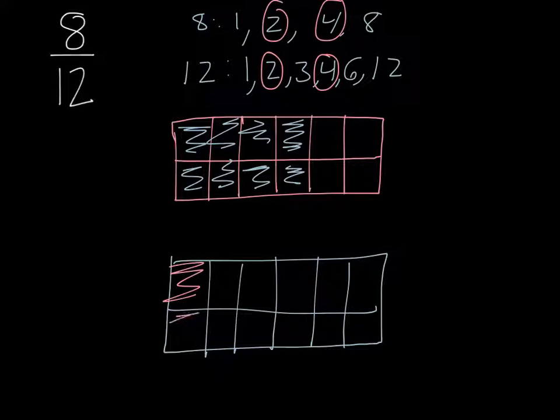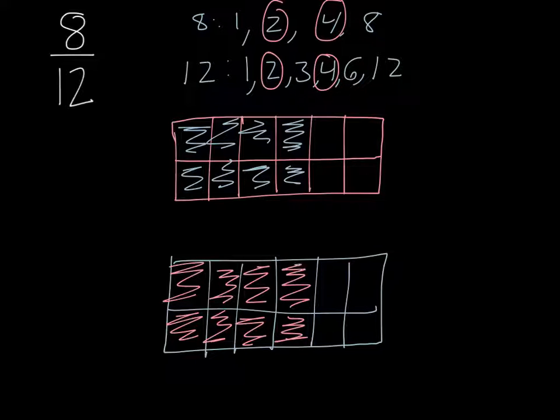And I'm going to color in 8 over here as well. And we are going to make groups that are different sizes. All right, so for the first one, we are going to make groups of 2.